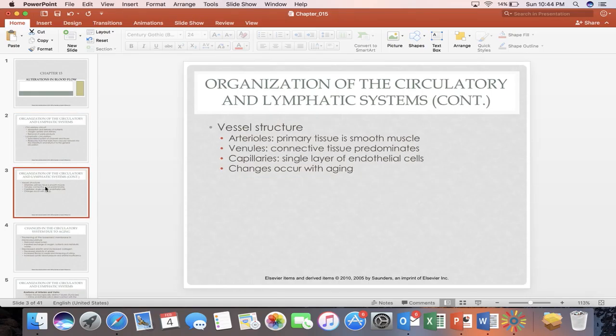So the vessel structure: we have the arteriole, which is primarily made up of smooth muscle. Venules are composed of connective tissue. Capillaries are a single layer of endothelial cells, and all these change with age.